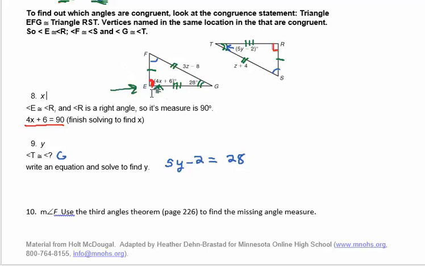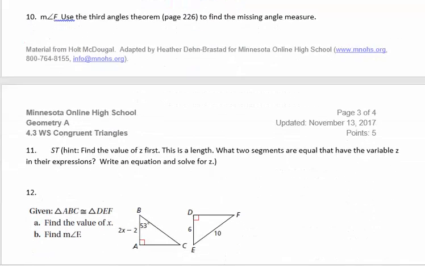Once you find the measure of angle E, which is going to be 90, then you can use the triangle sum theorem to find the missing angle measure. So the triangle sum theorem is that this plus this plus this equals 180. I think that we'd use that. You can't really find the measure of angle S yet, so I would use the triangle sum theorem there.